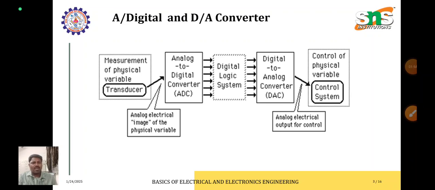That electrical quantity may be analog or digital. If it is analog, it is given to the ADC, analog to digital converter, so that it is converted into digital and can be processed by the digital logic system. Again, the digital signal is converted into analog, and that is displayed through the speaker or printer, or it may be a TV monitor, etc.